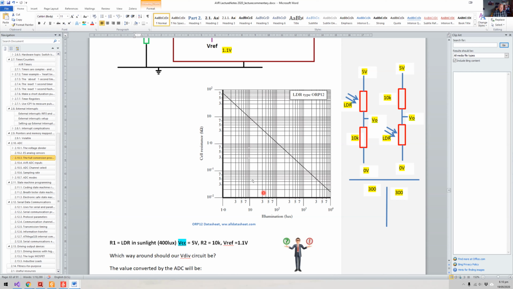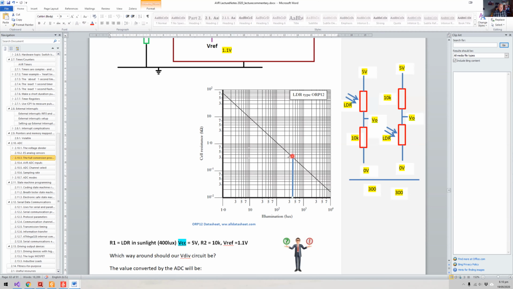And so I'm going to look at my graph for the LDR. I've chosen an RP12, fairly old sort of LDR, but very common. And as you can see, it's a straight line because it's a log graph. Now I'm looking at 400 lux. So here's 10, here's 100, and here's 1,000. So 400 is around here. So let's just pop this into 400 lux here.